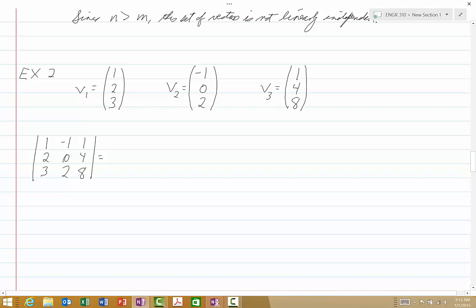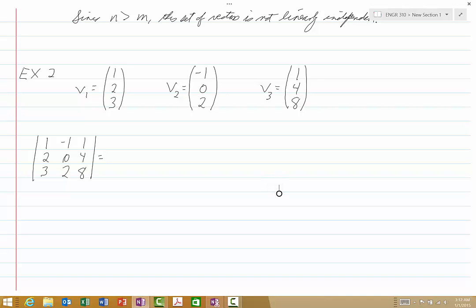So remember our rules for calculating a determinant. You could, if you wish, go ahead and expand by minors right now, but we can also use some of the procedures of Gaussian elimination to make it a little simpler, and I'll do that.